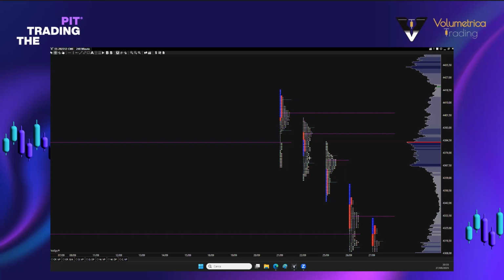During the RTH session, we have 80% of volume traded compared to the 20% exchanged during the ETH session. So, of course, if I want to decide which prints to be shown and which prints to pay more attention to, I would choose those representing the 80% of volume.